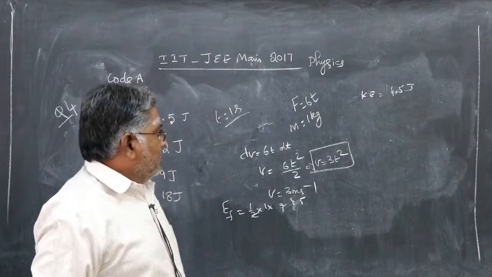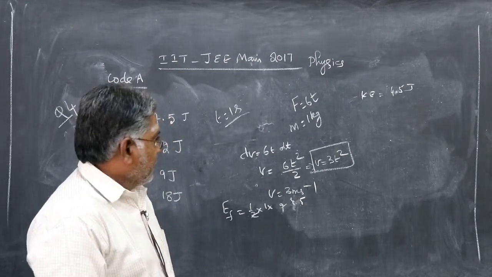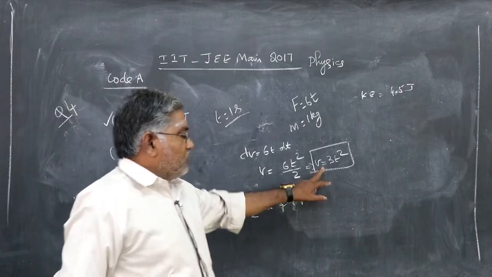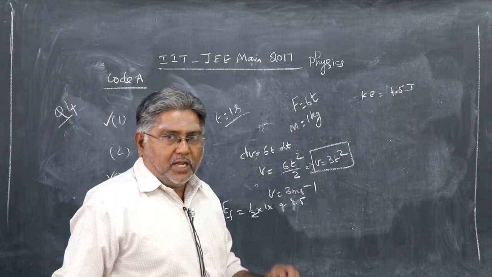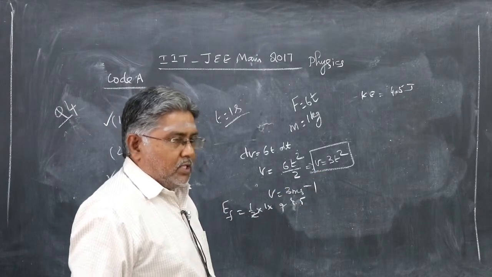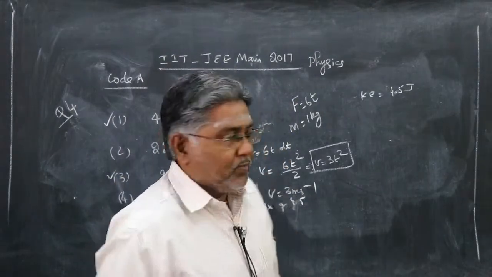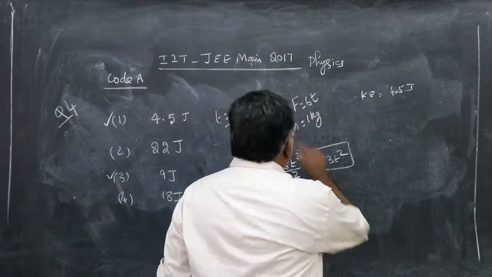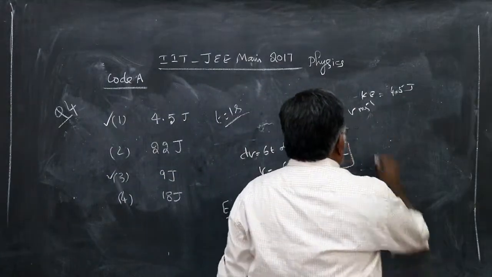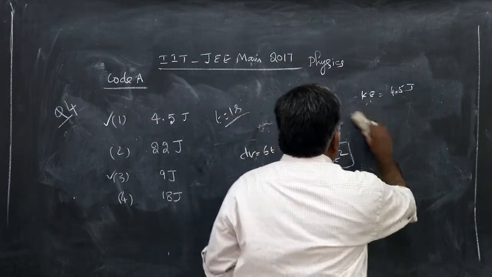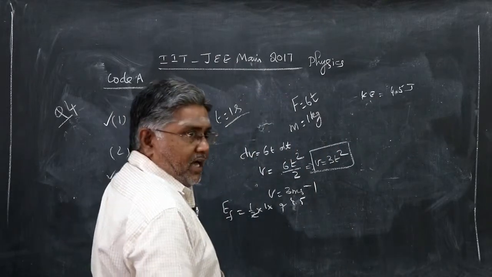So you see, if you want to have a discussion, this gives you the expression for the velocity of the particle at any instant of time. Therefore, in case you are interested in the graph, v versus t graph for this particular particle, you can draw the graph.